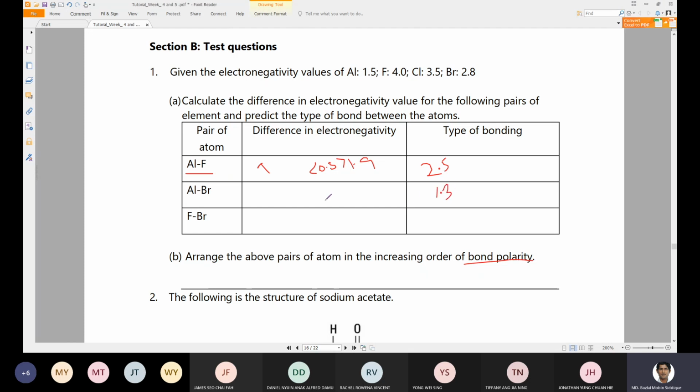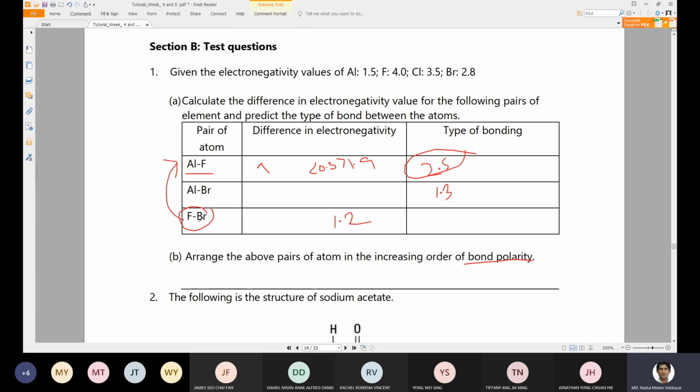This is 1.3, the type of bonding and the electronegativity difference, and this is 1.2. Since this is the highest, it is ionic bonding, and this is the lowest, fluorine bromide. So it is going from this side to this side.